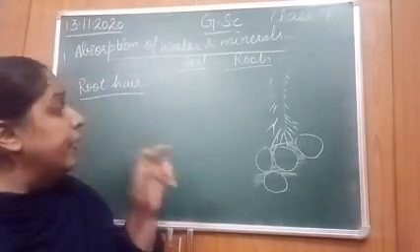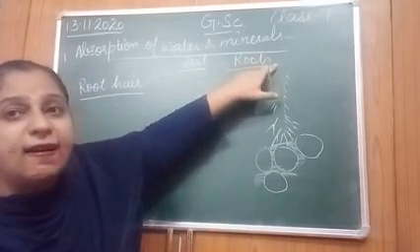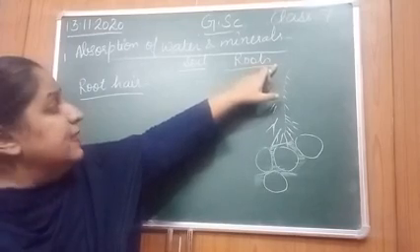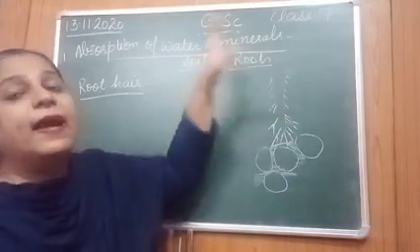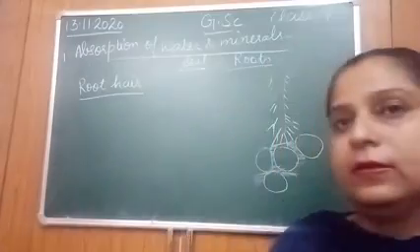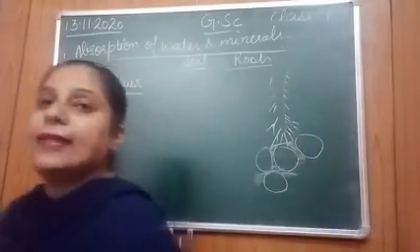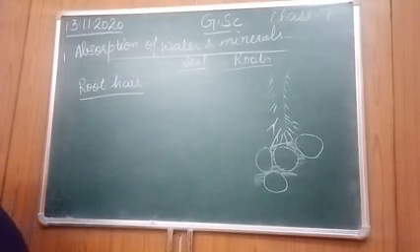Now, in between, there is a xylem. This water passes through the xylem and goes to all the parts of the plant. Is that clear to all? The function of root hair is that it provides a large surface area.